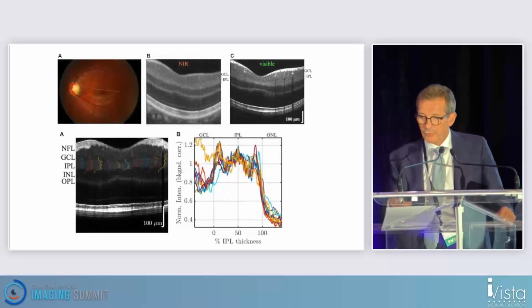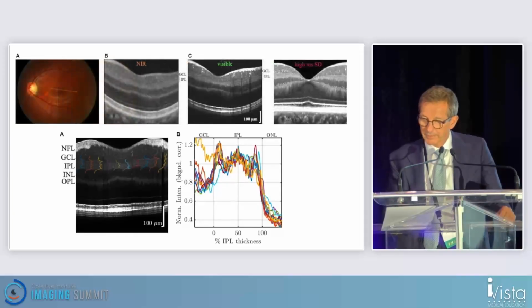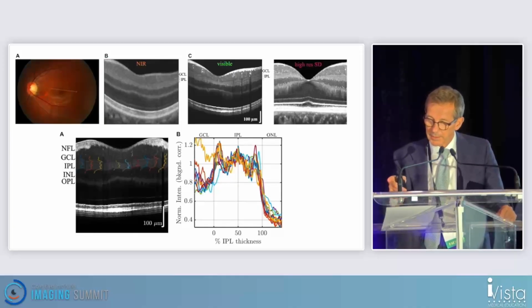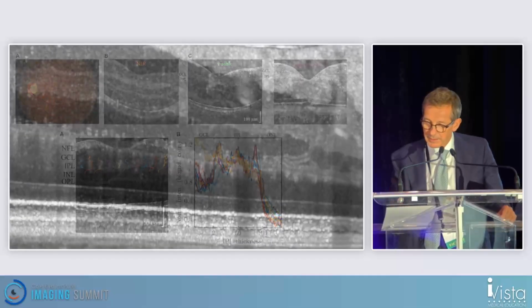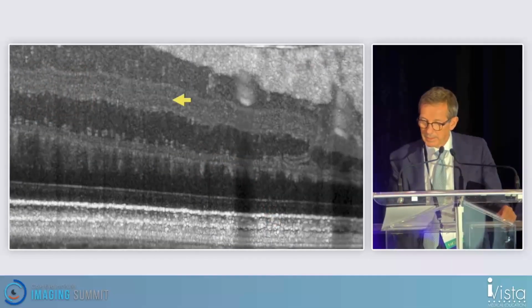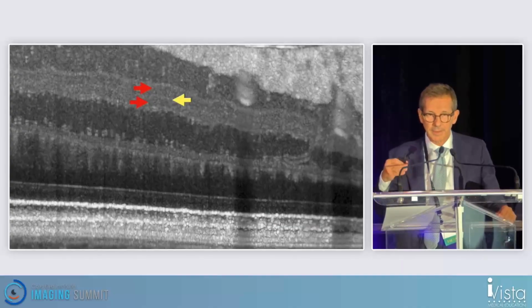But there is also another interesting thing on the IPL, and you see the visible light OCT and the ASRS spectral domain, and you can actually see very well that we can differentiate the IPL into different layers.